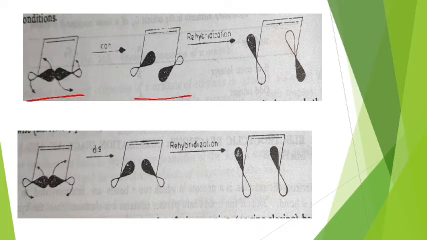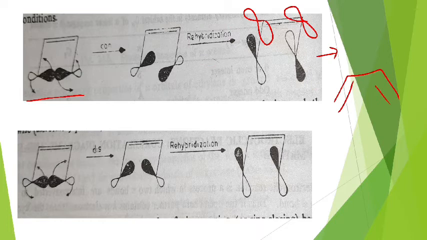As a result, we get these orbitals in which the similar lobes of the sigma orbital are in opposite planes, which are rehybridized to form pure p orbitals.